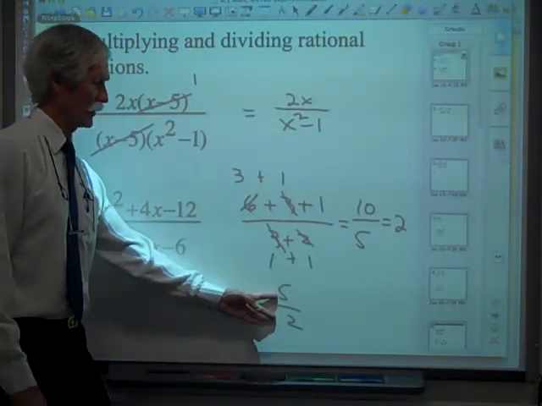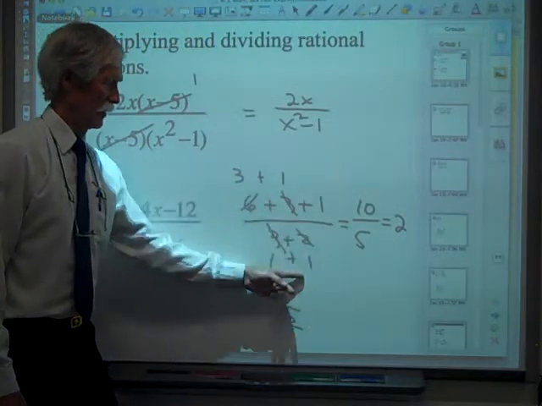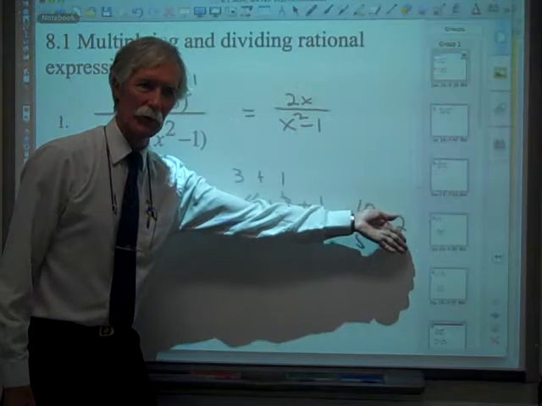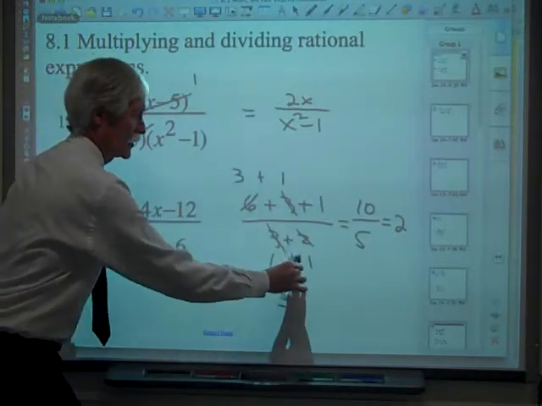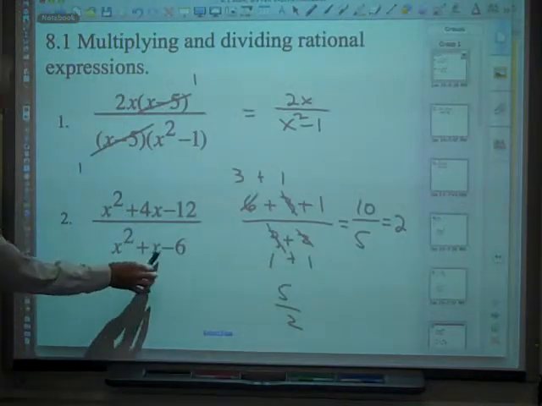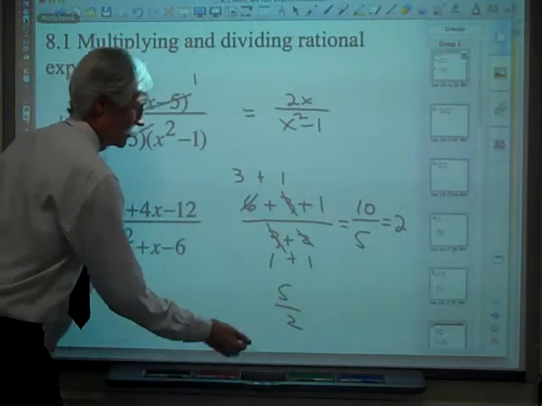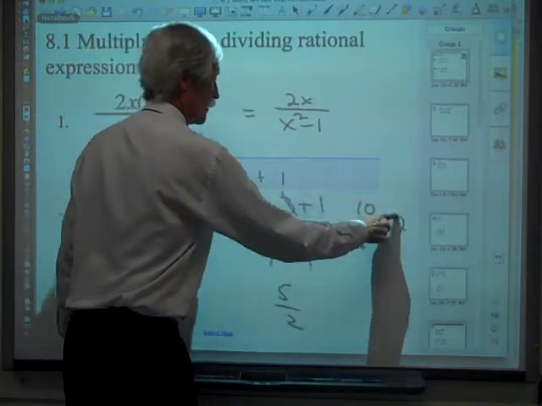Is 5 over 2 the real answer? No, the real answer was 2, and we knew that 100% sure thing. So when it's adding and subtracting between those, you can't just cancel little pieces because you end up with a terrible answer.